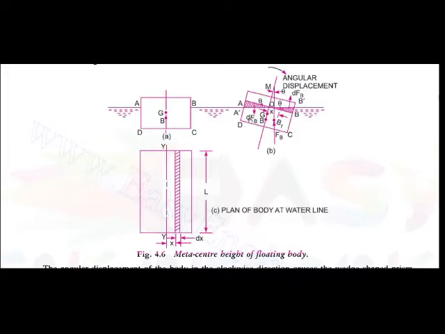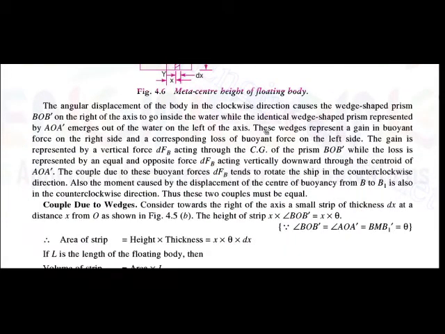So here there is another moment, and this couple is also in the counterclockwise direction, that is from here to here. So we get two counterclockwise couples, one due to the force dF, and the other due to B and B dash, that is the displacement of the center of buoyancy.